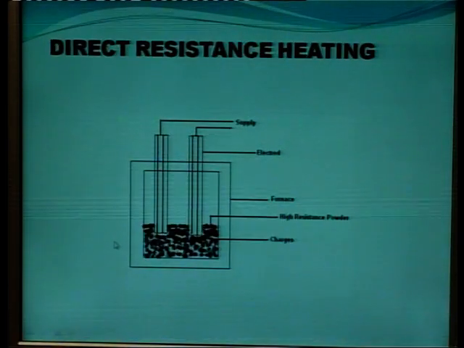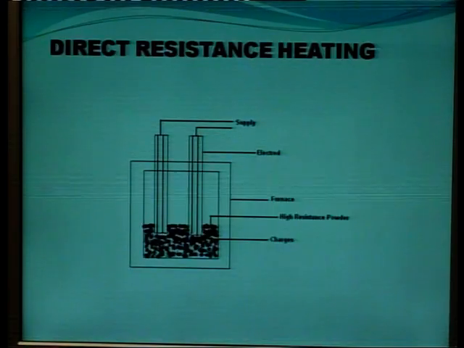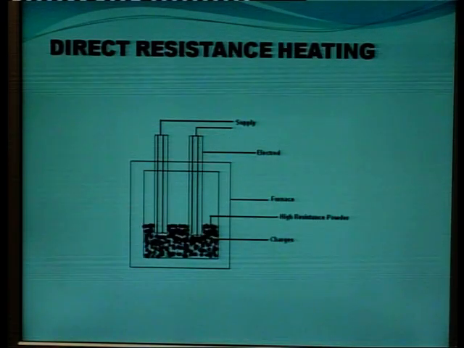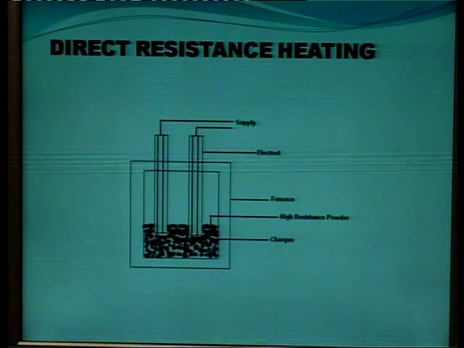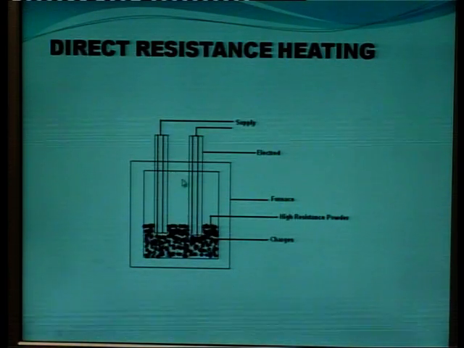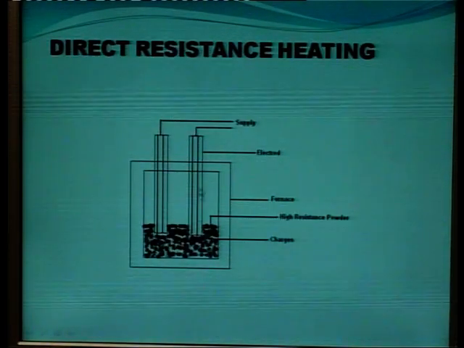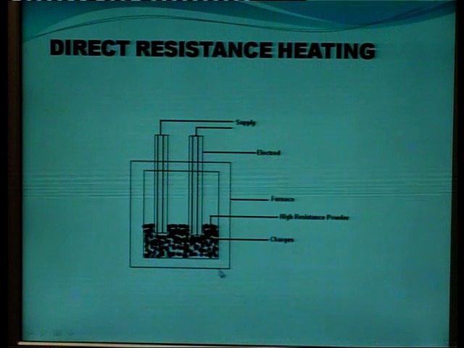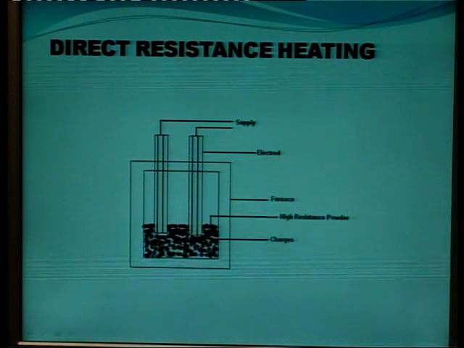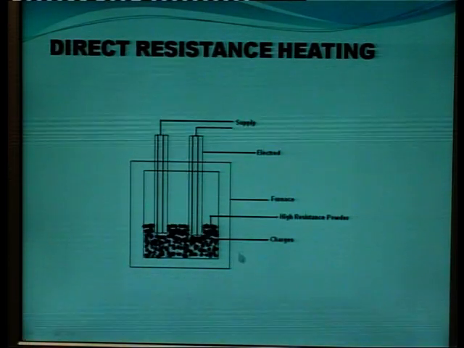The first method of power heating is direct resistance heating. So you see in this diagram, first of all, these are the two electrodes. This is a container in which we have poured charge, meaning the charge is the material which we want to heat.